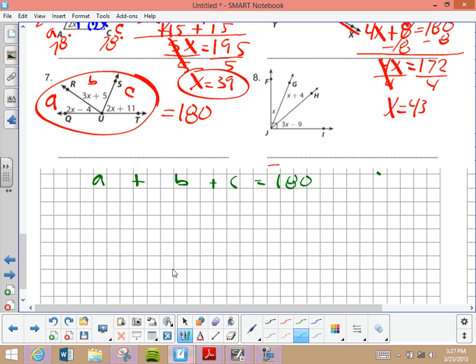Okay. All right, Peter, let's go. What is A? 2x minus 4. What is B? Okay. What is C? And that equals 180, right? Then what do you do? Okay. So what does that do?